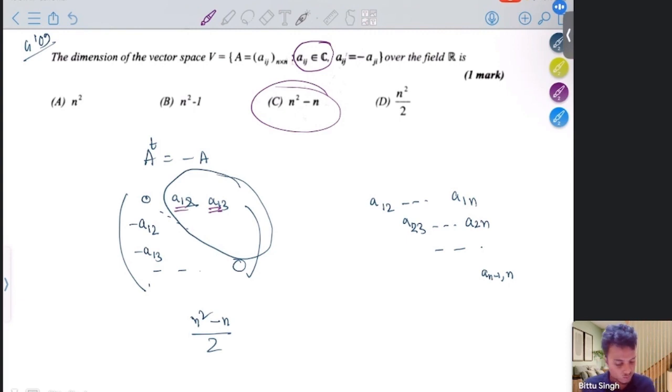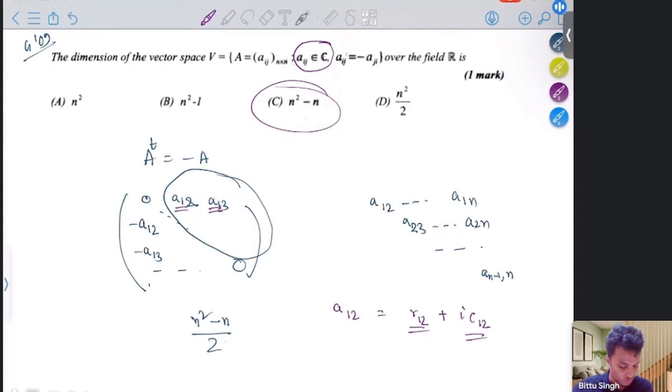Since we are over the real numbers, and a12 is a complex entry, we can write a12 with some real part, suppose denoted by R12, and an imaginary part, suppose denoted by C. So over the real numbers, those entries are written in terms of those two independent things.